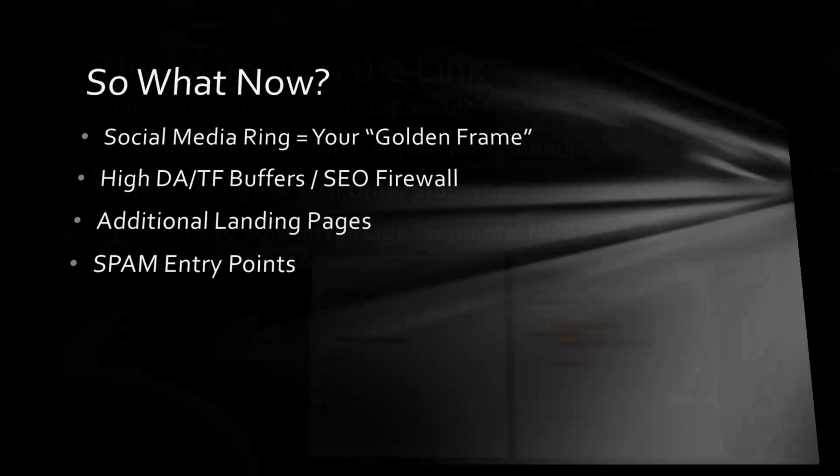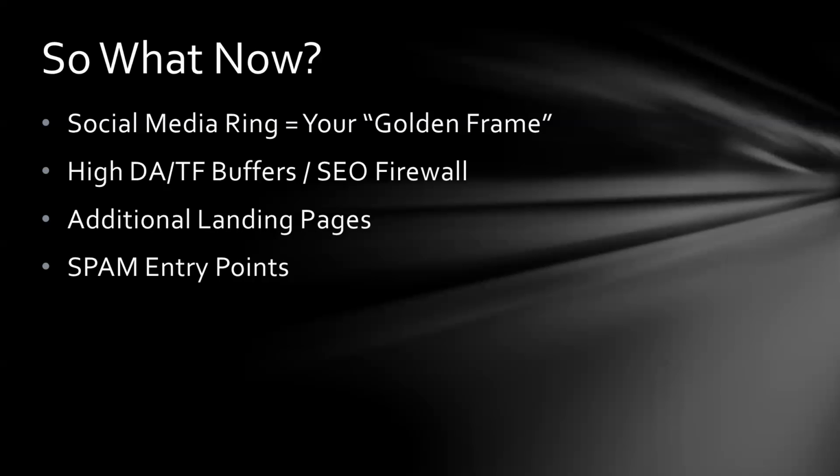So basically what you would do is go out there, and I'll show you in the next video which properties to build. But you will go out there and build the usuals: Facebook, Twitter, Google+, Pinterest. Those are the four most important, but then you can have Tumblr, blogger.com, WordPress.com.